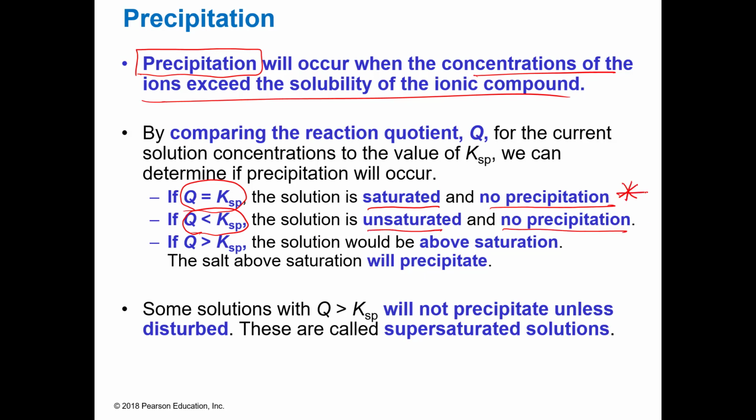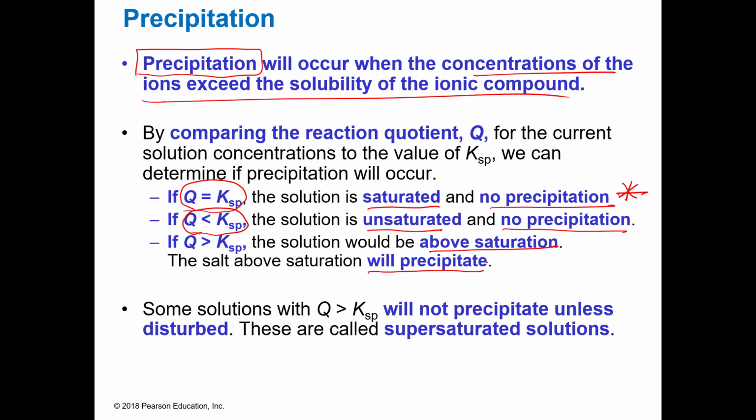Once you get past that Ksp point, it's going to be above its saturation level, and so it's going to precipitate out. So you should be able to figure out whether it has reached its molar solubility or not, using whatever situation the problem describes.